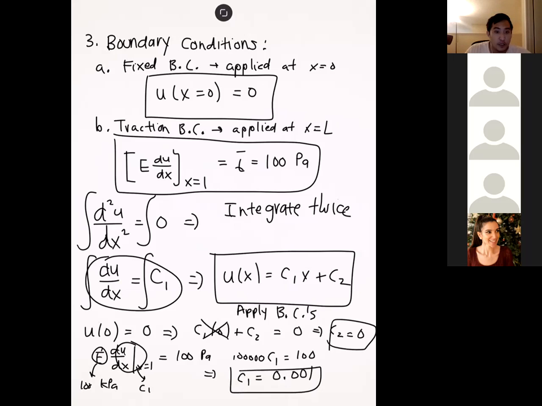Now that we solved for C1 and C2, we can plug those into our solution, and then we get our final answer for u of x. Any questions on this before we write out the final answer? Okay, let's go ahead and write it out.